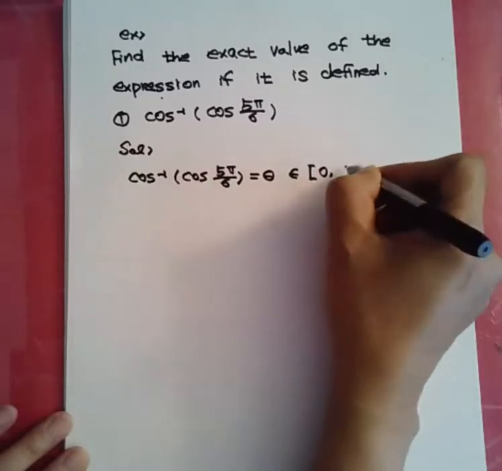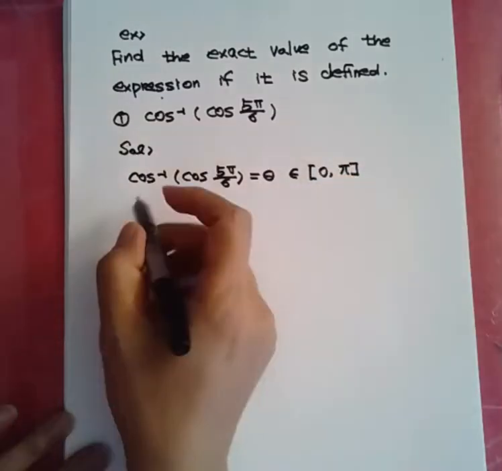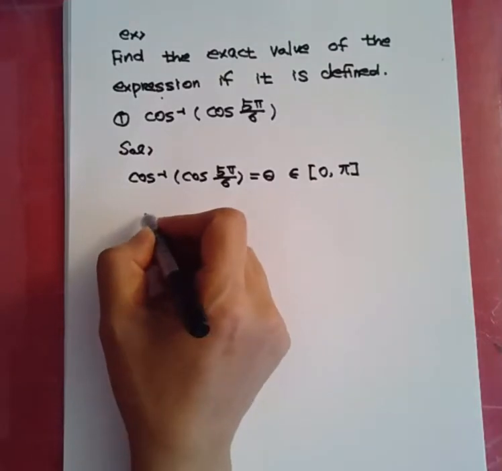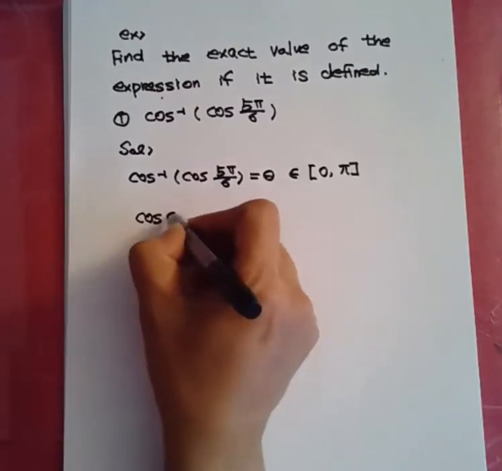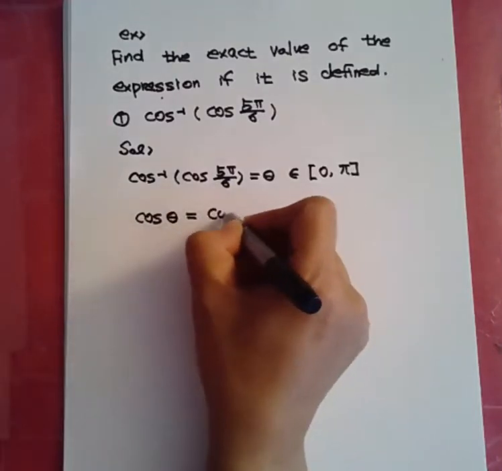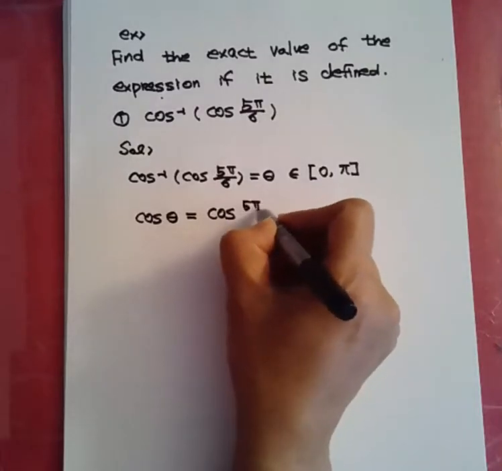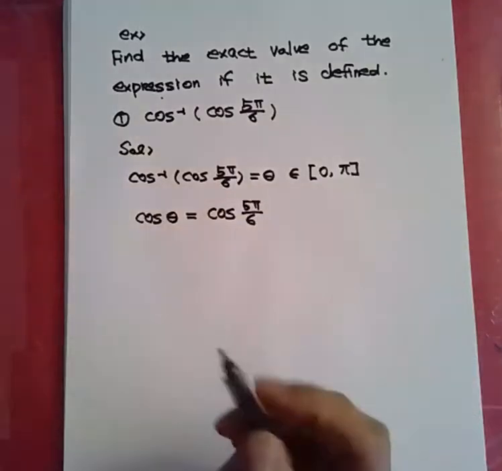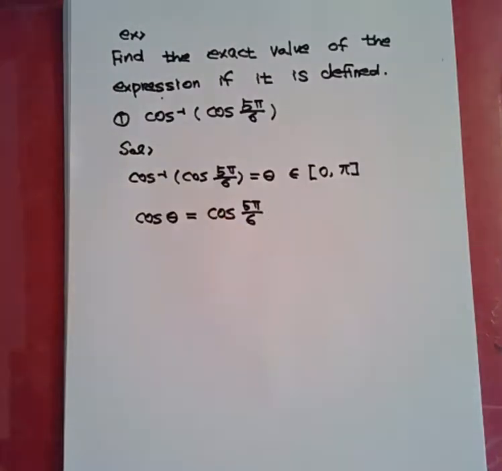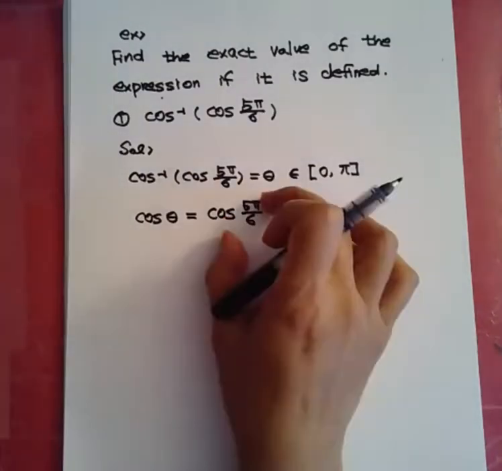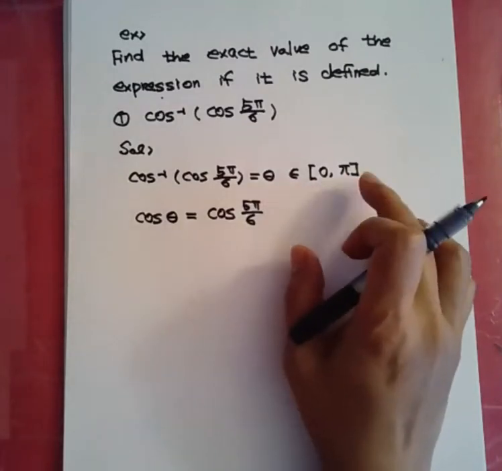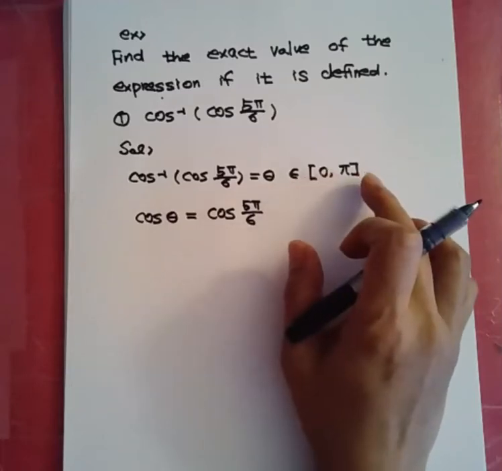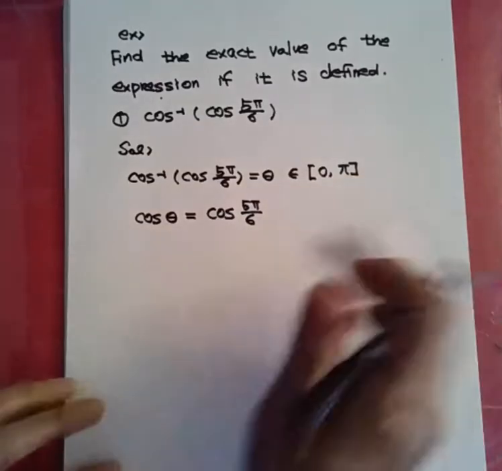The angle is between 0 and pi. Then we can reinterpret that as cosine of theta equals cosine of 5 pi over 6. The angle involved on the right side is 5 pi over 6. If that angle belongs to 0 to pi, then that angle will be the answer.